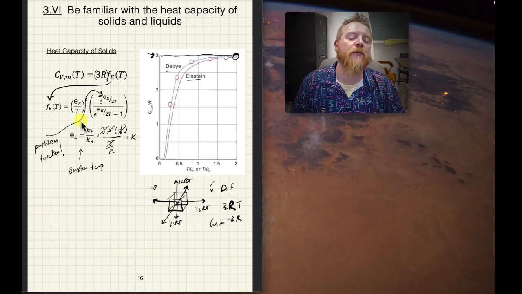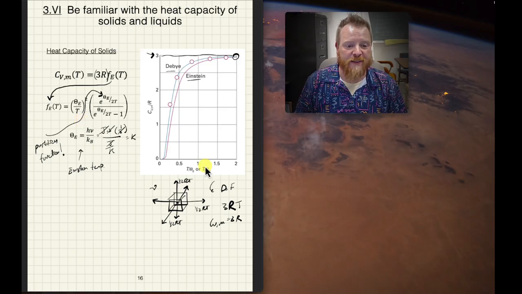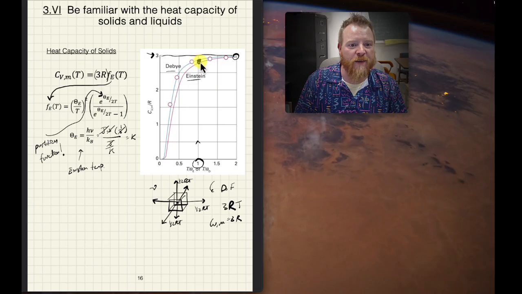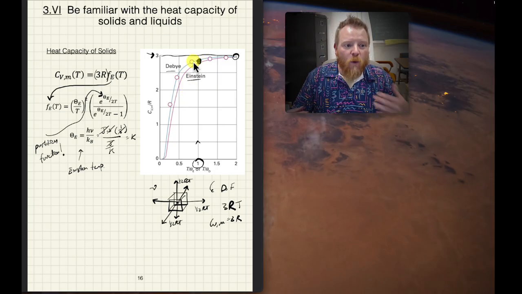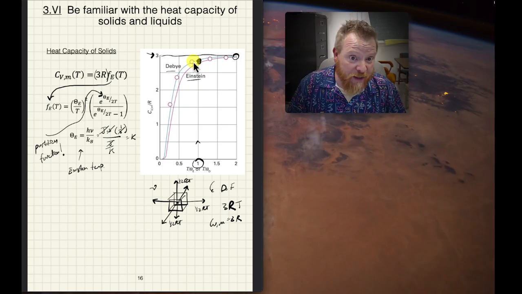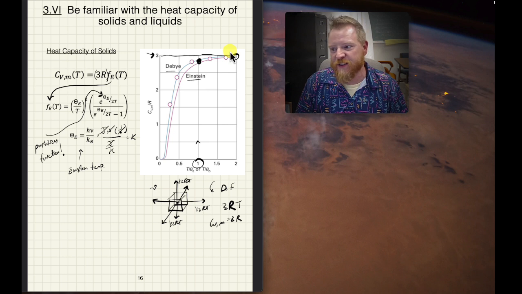So this has the spirit of a partition function because at temperatures lower than the Einstein temperature, which we can see here on this reduced space graph, T divided by theta, that puts us right up here. That's kind of this magic inflection point where now we have enough population of states that the heat capacity of our solid approaches its classical value, 3R.